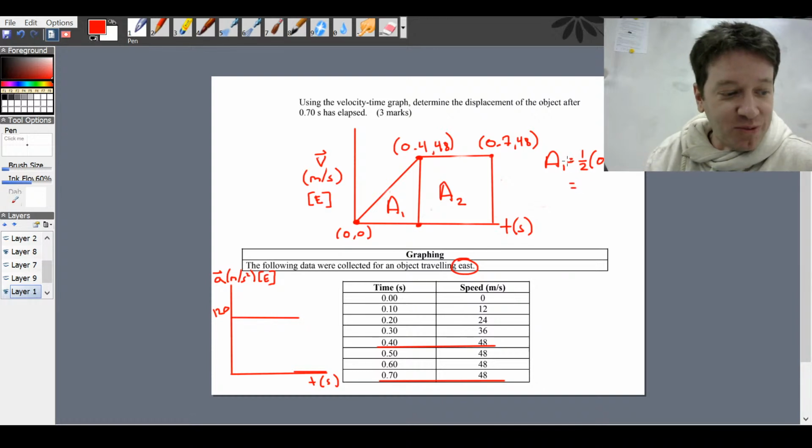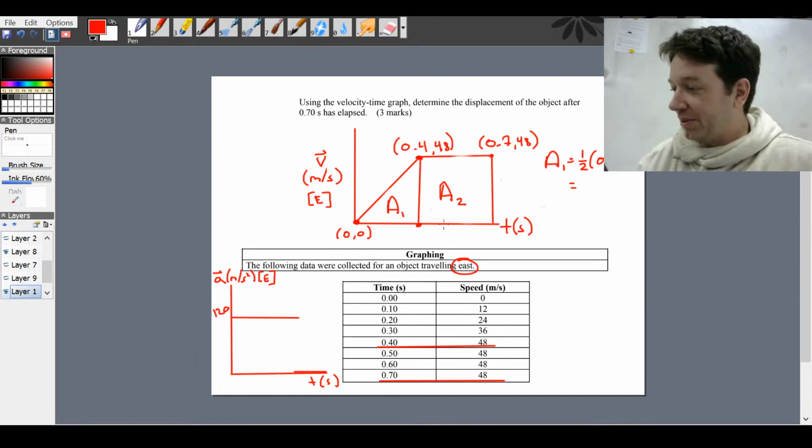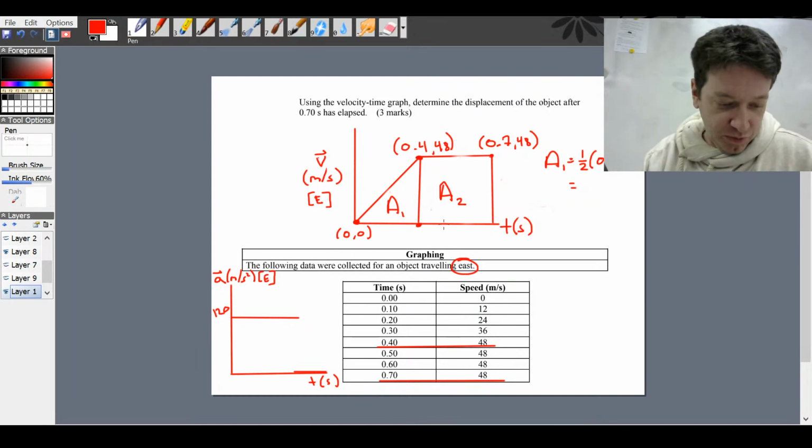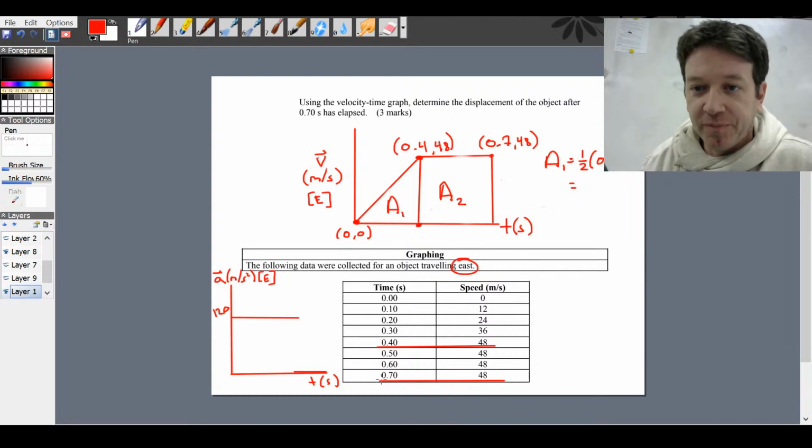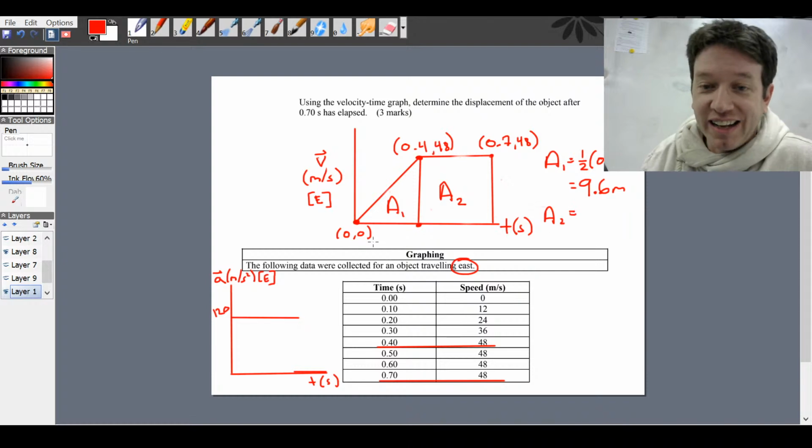And we get an area 1 of, let's grab a calculator, 0.2 times 48, 9.6. And that's in meters. Then we calculate area 2. That's just a rectangle, so it's length times width.